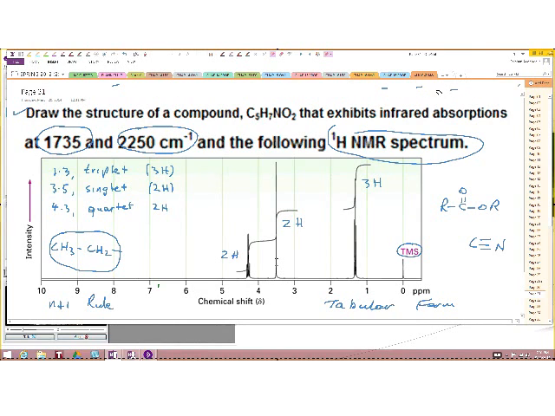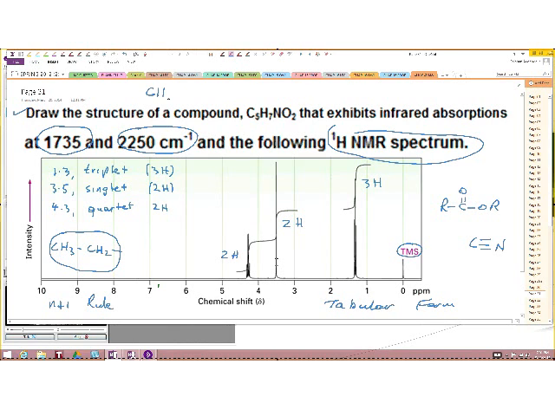What you do when you have this kind of problem, based on the data, you begin to put all your pieces together, determine what those data tell you, and then use the data to construct your structure.